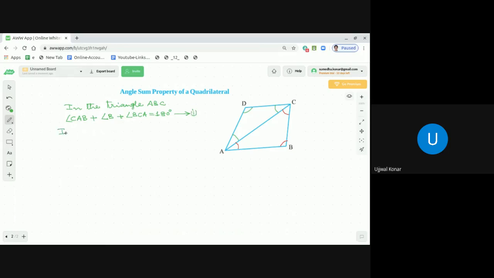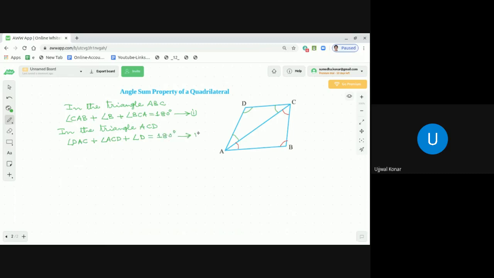And in the triangle ACD, what we get is that angle DAC plus angle ACD plus angle CDA, meaning angle D, is equal to 180 degrees.